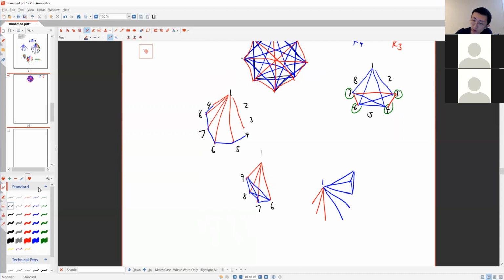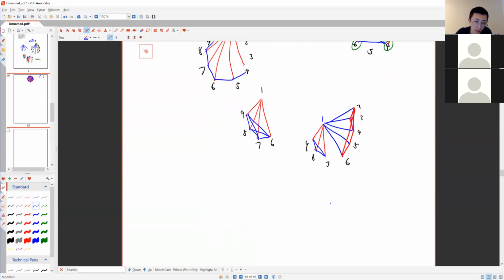Hang on. This still feels like I'm missing something. So why can't I just do the K5, like 1, 2, 3, 4, 5, and then color the others blue. And then these can be blue. Like, why can't I just do 2, 3, 4, 5, 6, 7, 8, 9?